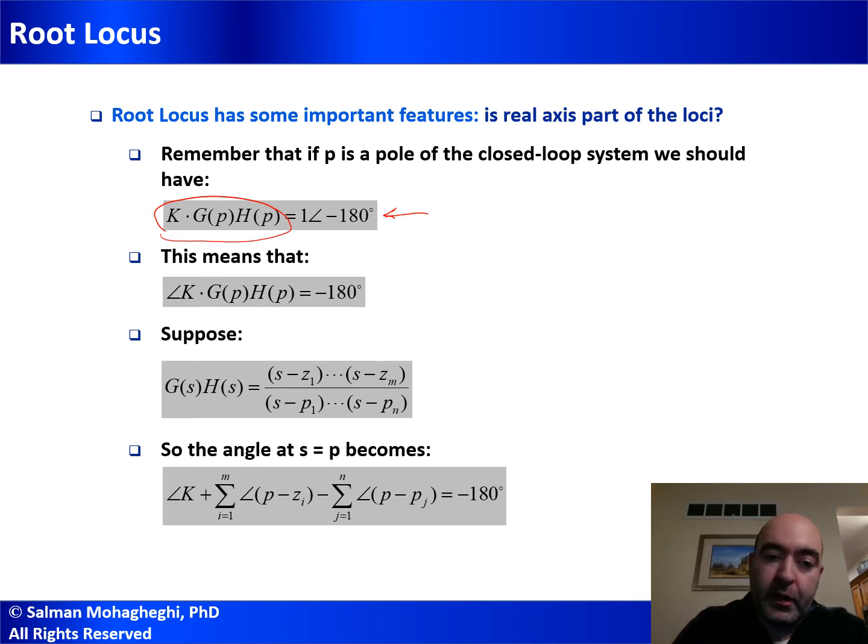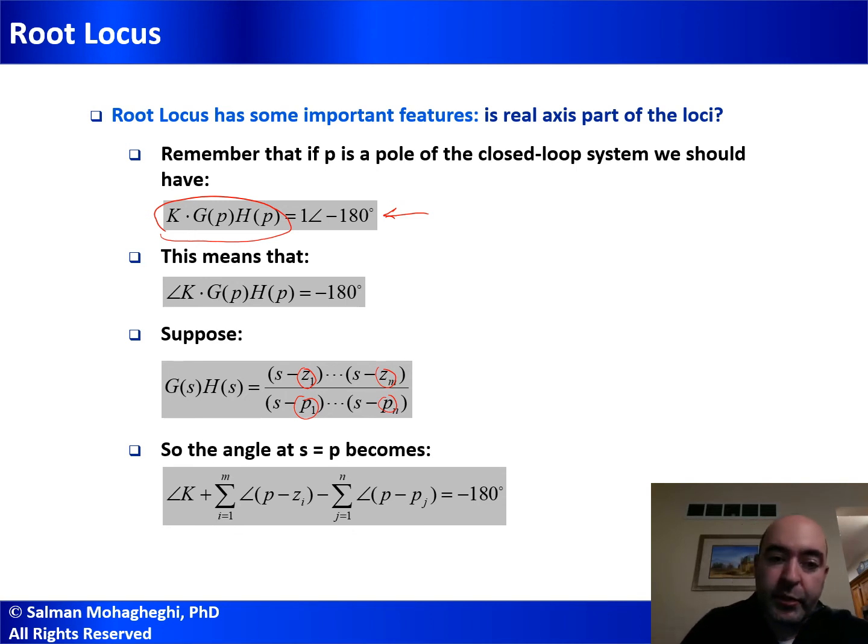So you have zeros starting from Z1 all the way to Zm, and you have poles starting from P1 all the way to Pn. You probably remember that the angle of a transfer function like that is going to be the sum of angles of individual terms in the numerator minus the sum of angles of individual terms in the denominator.